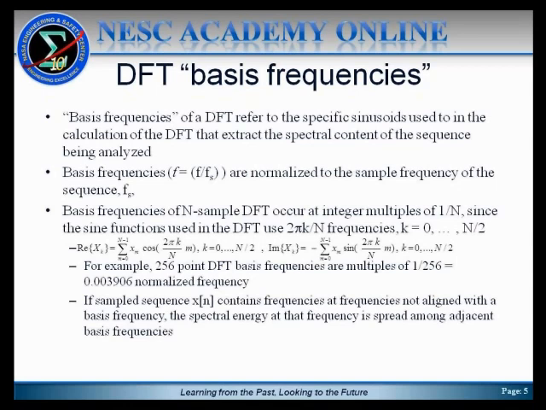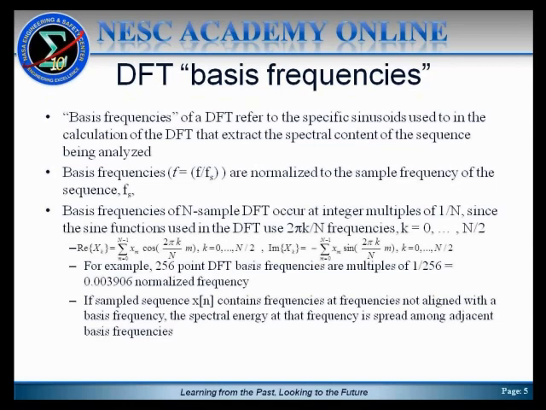For example, a 256-point DFT would have basis frequencies that are multiples of 1 over 256. So basically, they would have a normalized frequency range of integer multiples of 0.003906. And if the sample sequence x of n contains frequencies that are not aligned with one of these basis frequencies, the spectral energy at that frequency will be spread among adjacent basis frequencies.